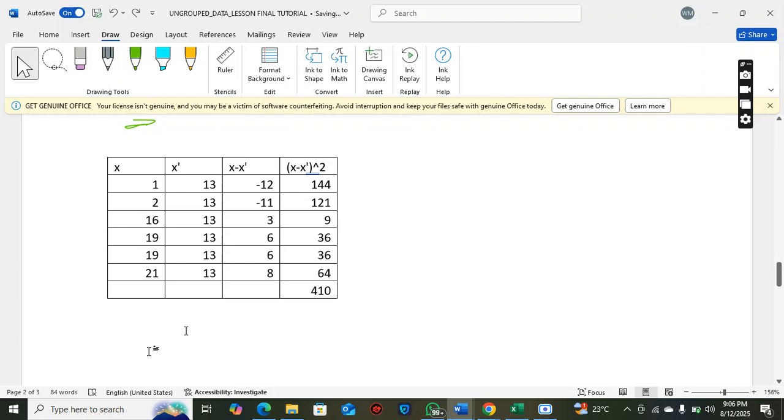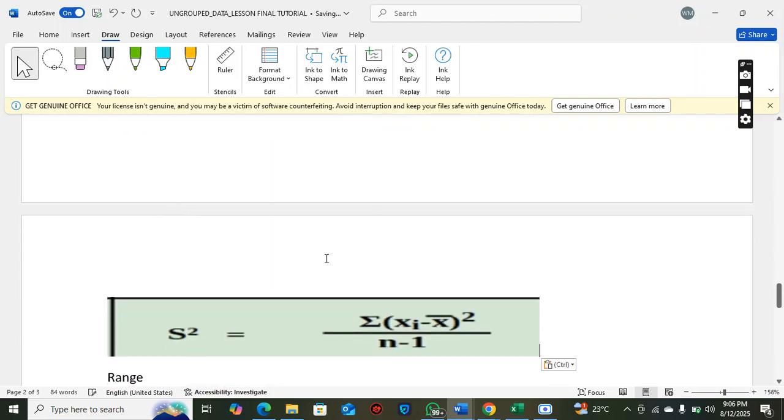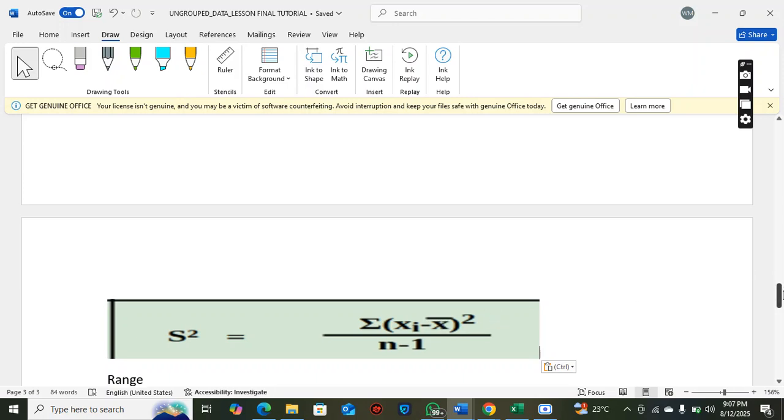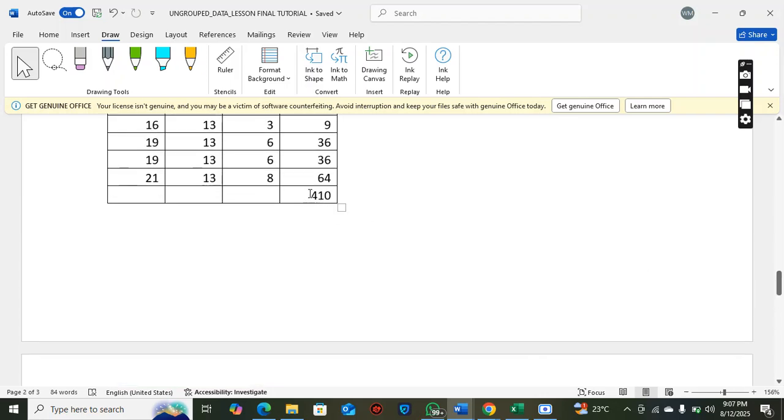Colleagues, this top part, the numerator, we've already done through the table. The sigma just means you're summing up. Xi just means each data value. X bar means the mean. So the numerator was 410.